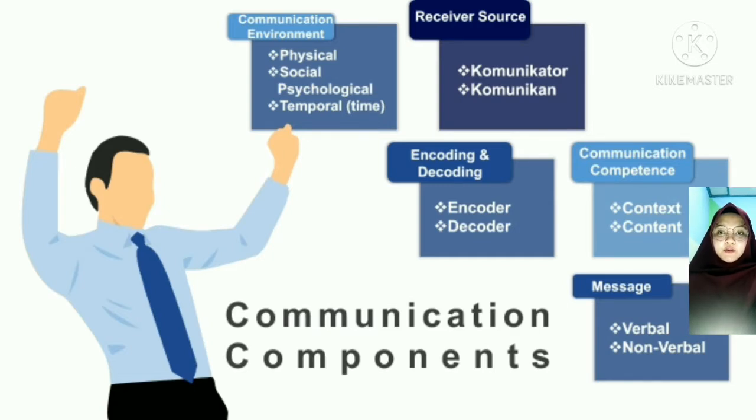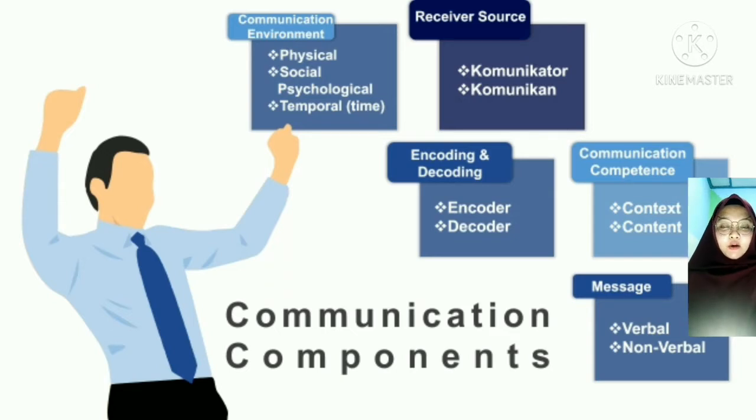In the receiver source, there are 2 parts. The first one is communicator. Communicator is the person who acts as the sender of the message, or what we usually call the person who first initiates communication. And then the second one is communicant. Communicant is the person who receives the message from the communicator, or what we usually call the interlocutor.